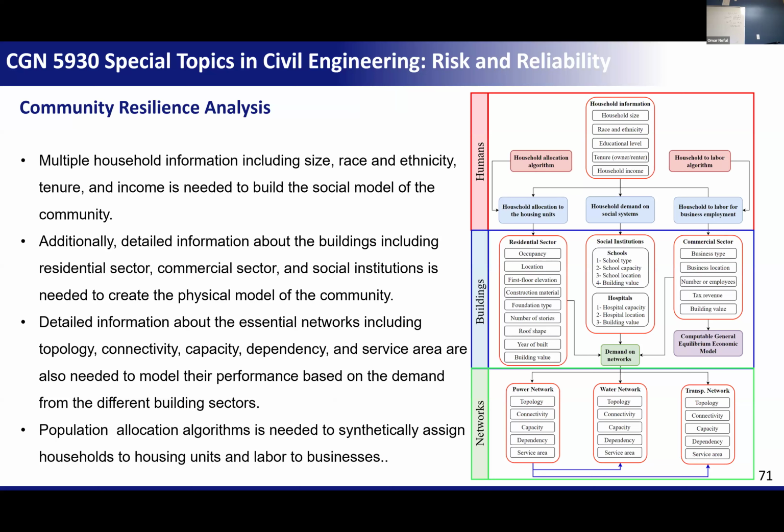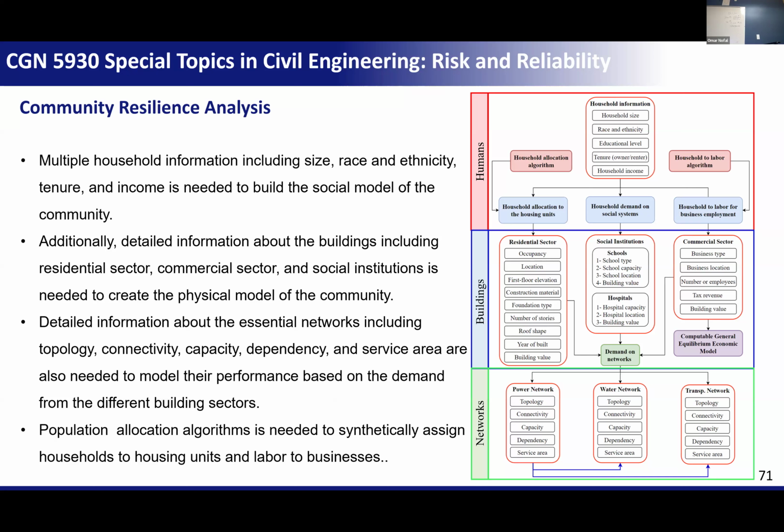But the thing is, to do community level resilience analysis, you need extensive data. You need extensive data about the households. You need extensive data about each residential sector and each social sector and commercial sector. You need information about the network, right? If you don't have the water network, you will not be able to connect buildings to power or water.